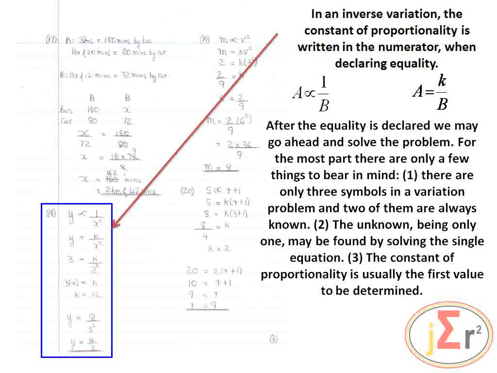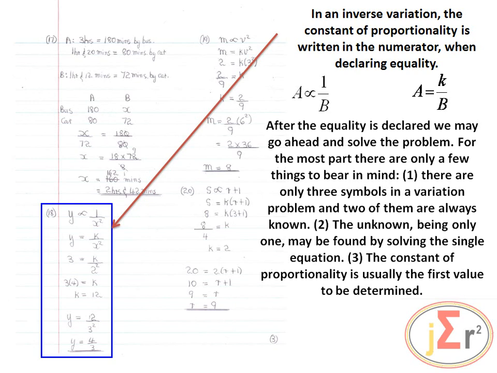For the most part, there are only a few things to bear in mind. 1. There are only 3 symbols in a variation problem, and 2 of them are always known, or we may say the value of 2 of them are always known. The unknown being only 1, because we have 3, 2 of them are known, so only 1 is unknown. The unknown being only 1 may be found by solving the single equation.